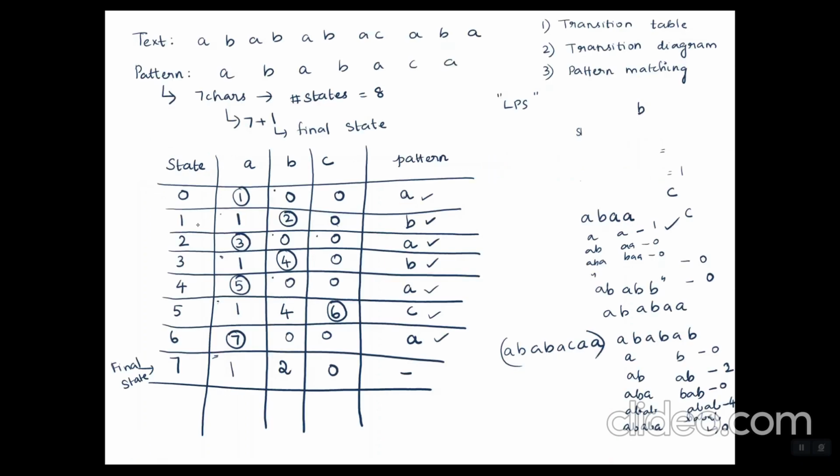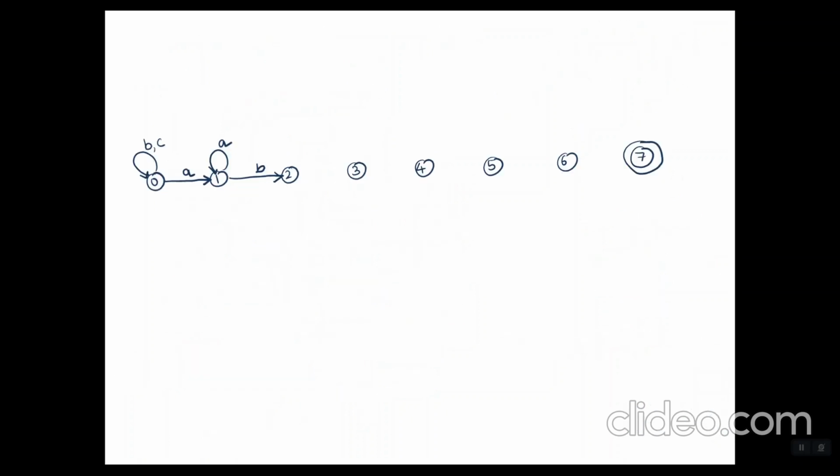Similarly, state 1 accepts C and goes to state 0. It will be a little bit messy diagram, since we have 3 arrows for each of these states. Similarly I am going to fill in till the last state.